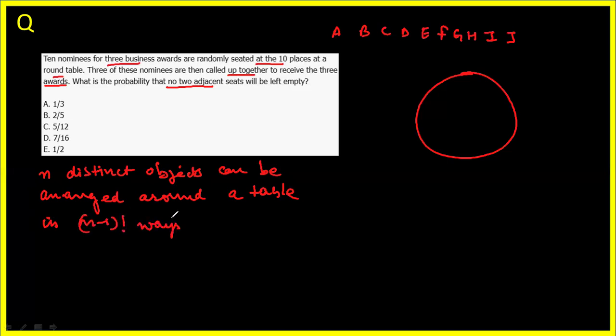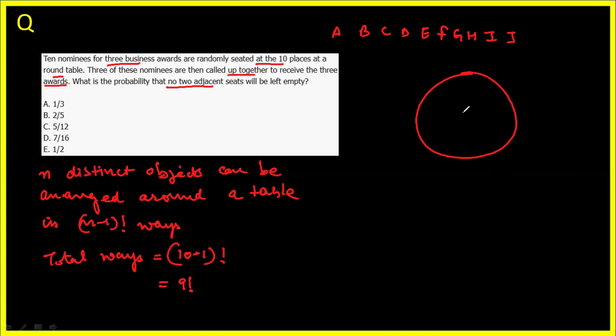That means if 10 people are there from A to J, the total number of ways in which they can be seated will be 10 minus 1 factorial, which is 9 factorial ways, right? In these many ways, 10 people can be seated.